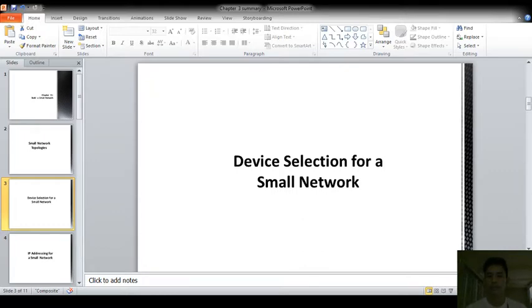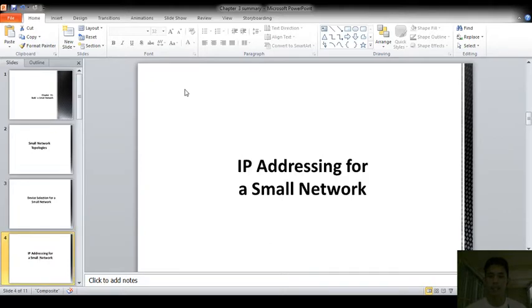And next is the IP addressing for a small network. The address space is a crucial component of a network design. All devices connected to the network require an address, of course, and the address scheme must be planned.